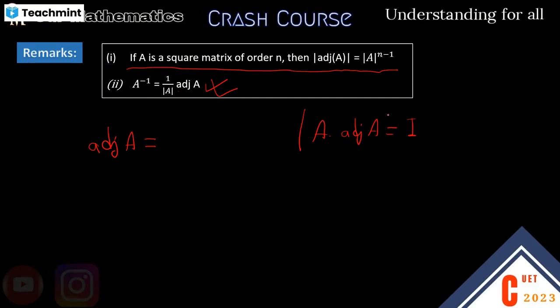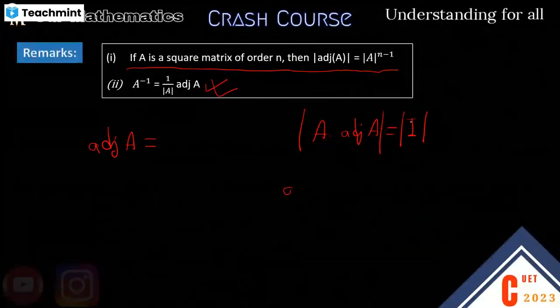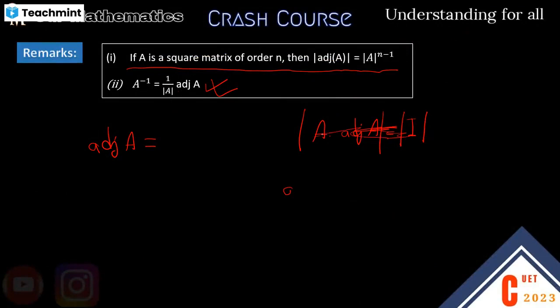If we apply a determinant here, what will we get? Sorry, just a minute. What did we get? A into adjoint of A is equal to determinant of A into I, right?